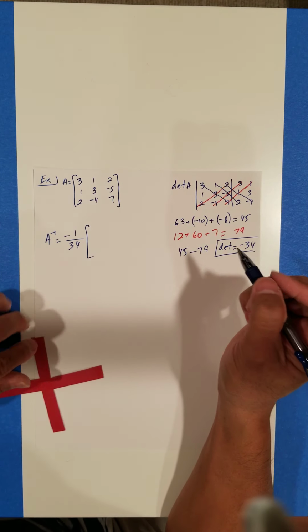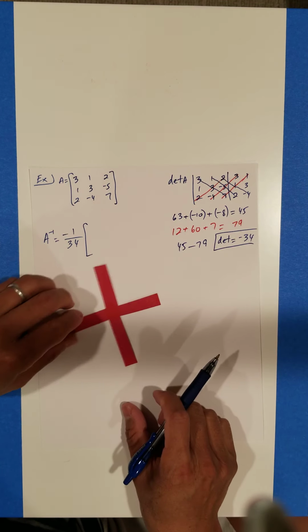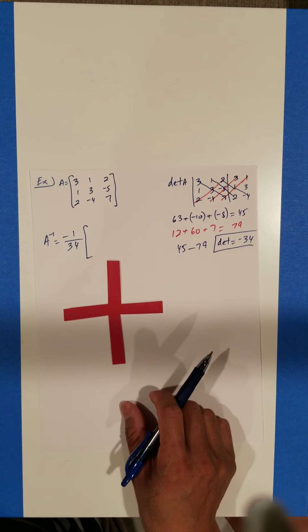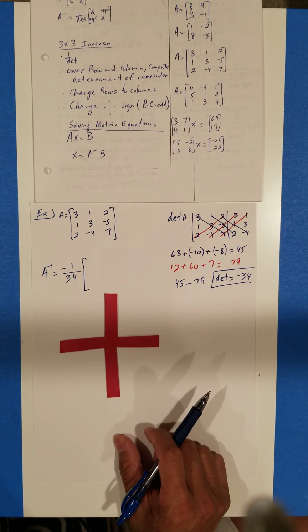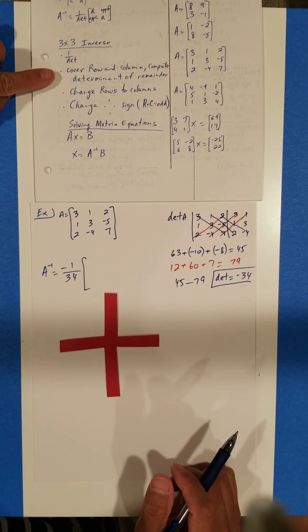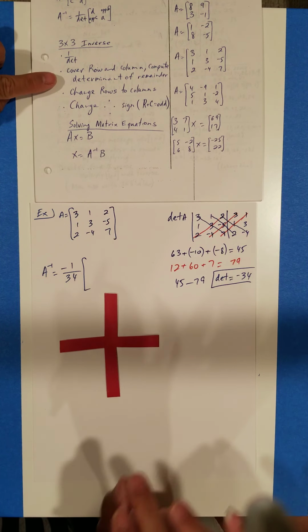Now, second step, I use this nice fancy tool right here. The notes say, if you look at the notes that we showed earlier, you're going to cover the row and the column and compute the determinant that's left over for every element.